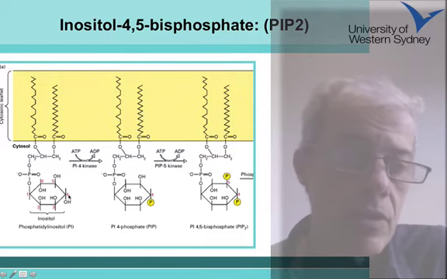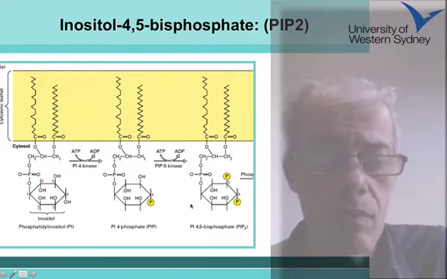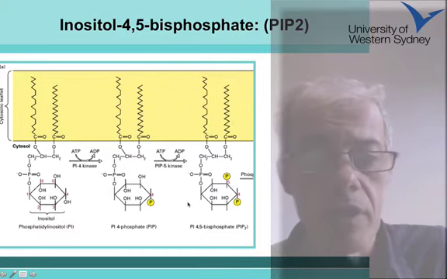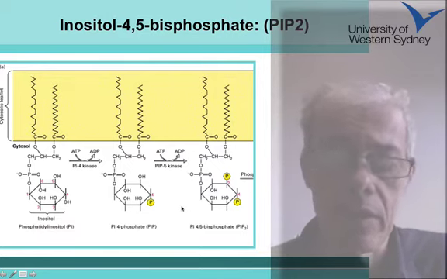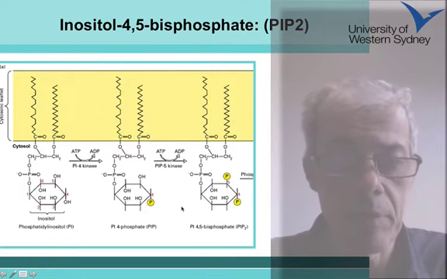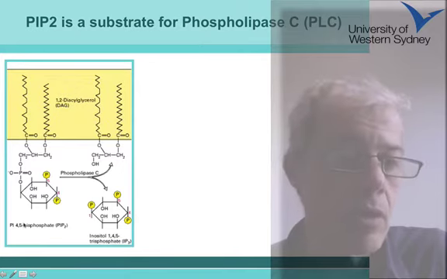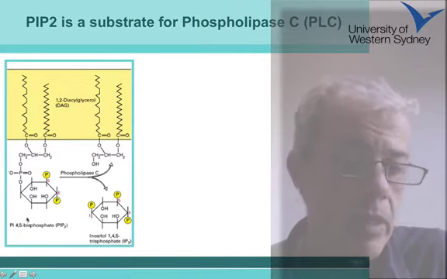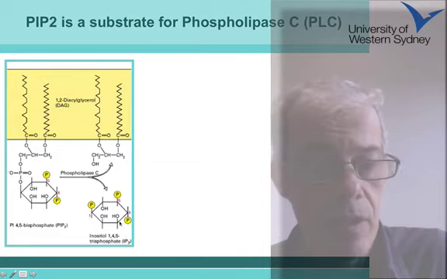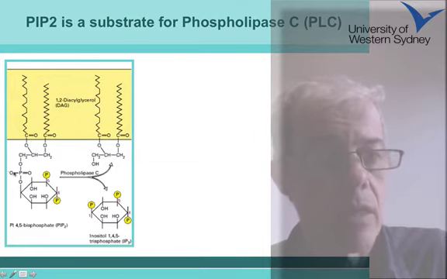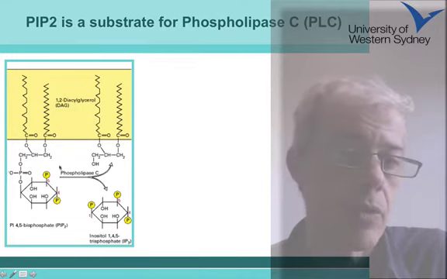So there's a series of sequential phosphorylation steps which give rise to these phosphorylated lipids. Cleavage of these phospholipids always gives rise to a phosphate on the first group. So PIP2 gives rise to IP3, and this phosphate group was previously contained within the molecule.